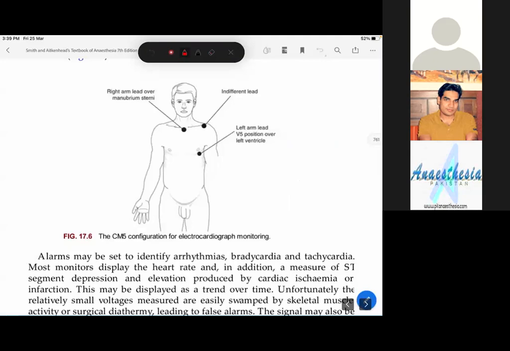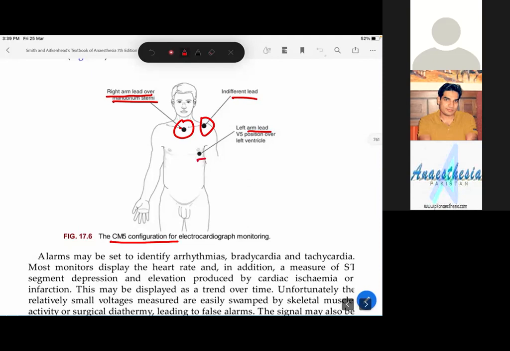Then we come to the CM5 configuration. This is the most common three-lead configuration used for chest leads for determination of the ECG pattern. One electrode, the right arm lead, is placed on the manubrium sterni, the indifferent lead is placed on the left shoulder, and the left arm lead is placed in the fifth intercostal space like the V5 position, anterior axillary fold.